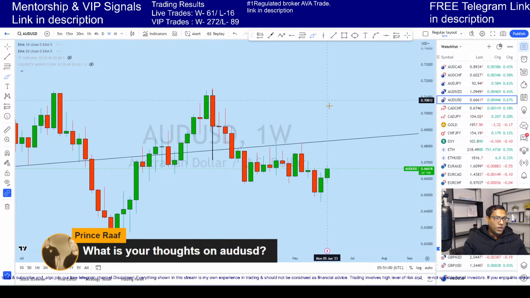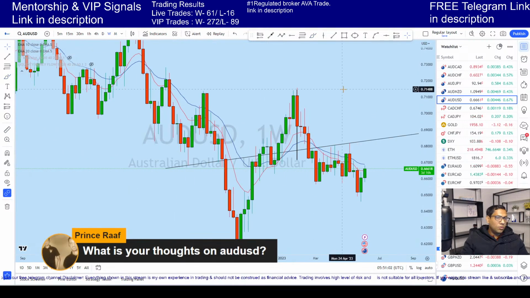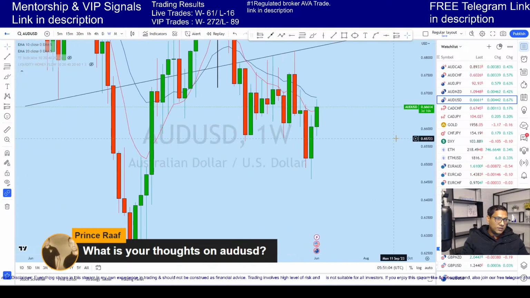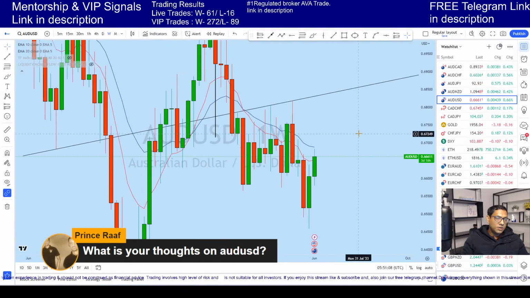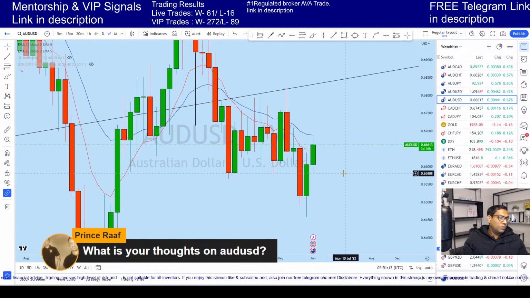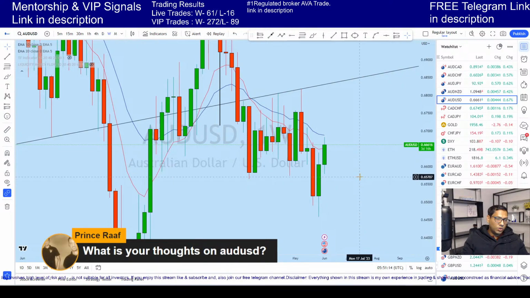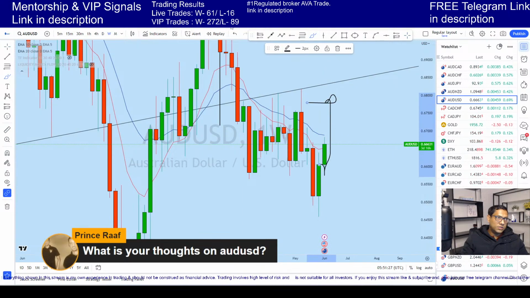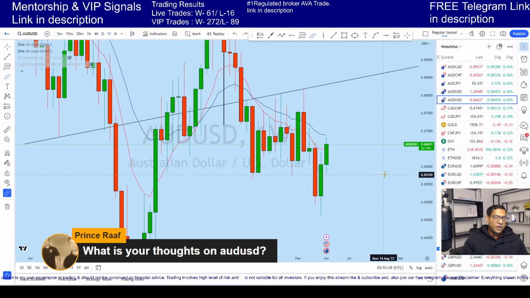Now from the weekly, we see that the previous week there is a bullish candle. From the weekly perspective on AUD USD, this is the weekly candle that has firstly come down, and then we see the bullish move coming up.